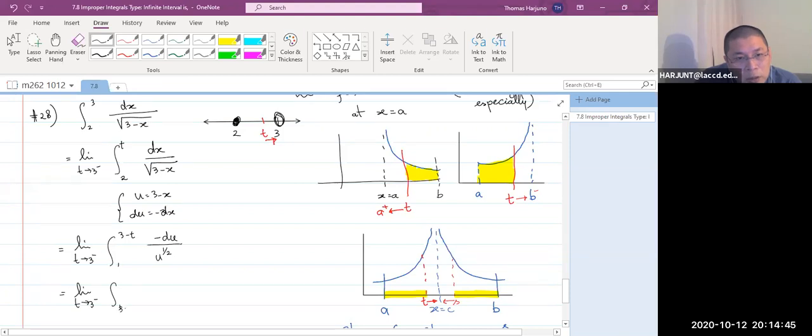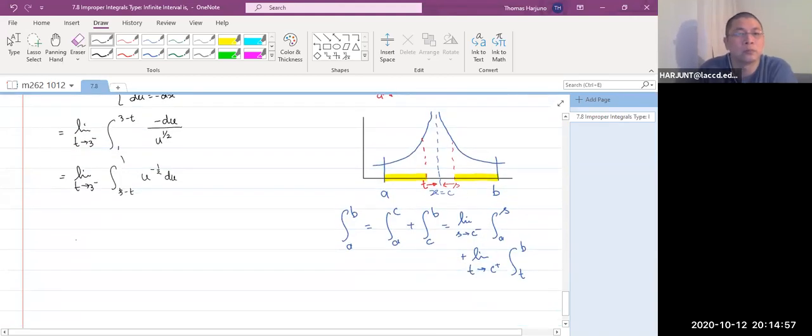The limits of integration, 3 minus t up to 1 to absorb the negative, and then u to the negative 1/2 du. This is the limit as t goes to 3 from the left-hand side of 2 times u to the power of 1/2 from 3 minus t to 1.